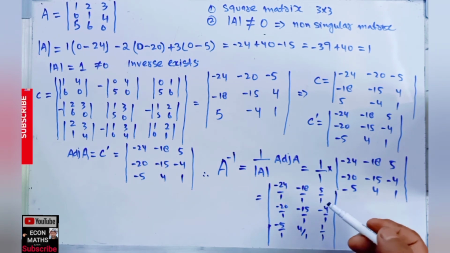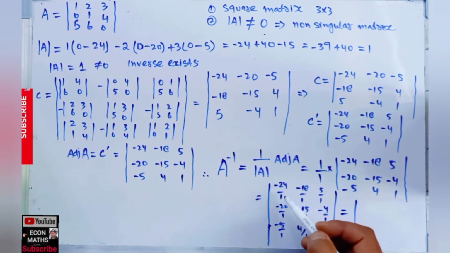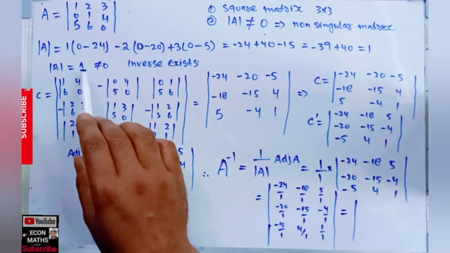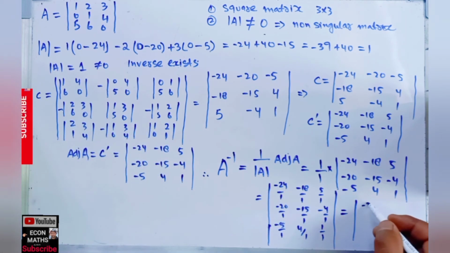Because the determinant was 1, this will become the adjoint matrix itself. If the determinant was 2, then minus 24 divided by 2 would have been minus 12 here. But this is not the case. Here we are dividing by 1 because our determinant was 1. So this is minus 24, minus 18 and 5, minus 20, minus 15 and minus 4, minus 5, 4 and 1.